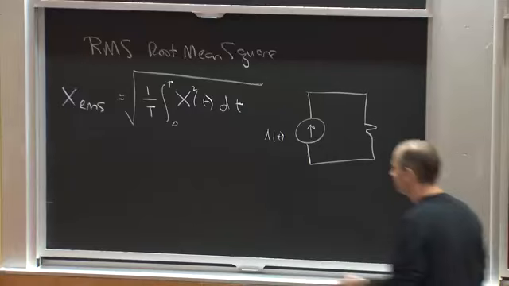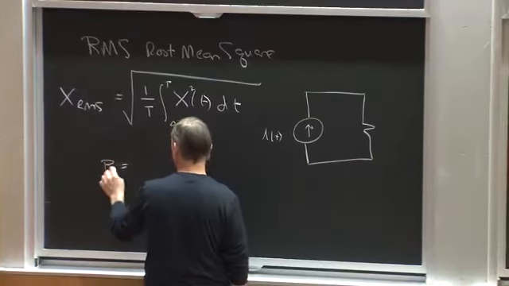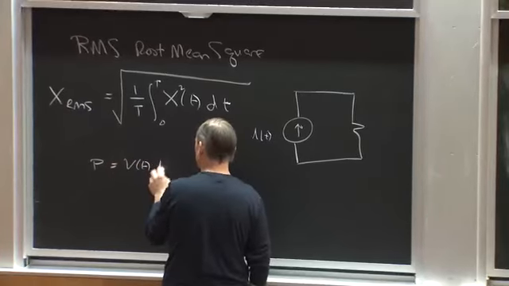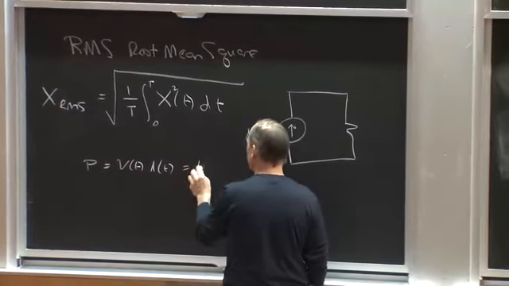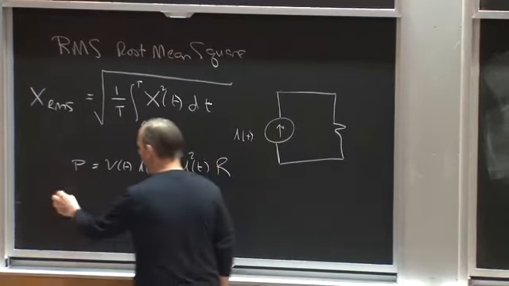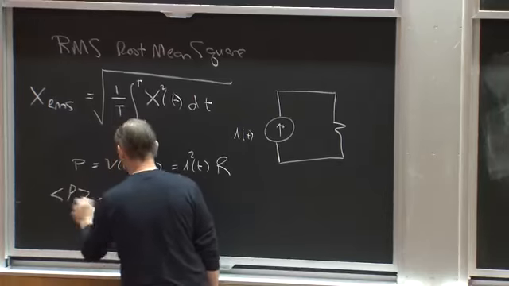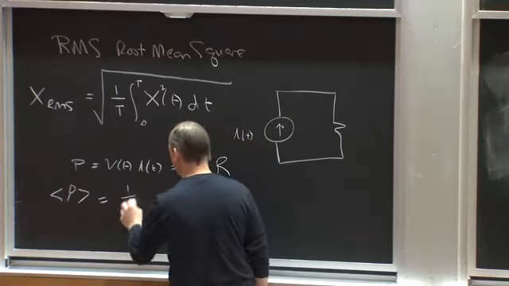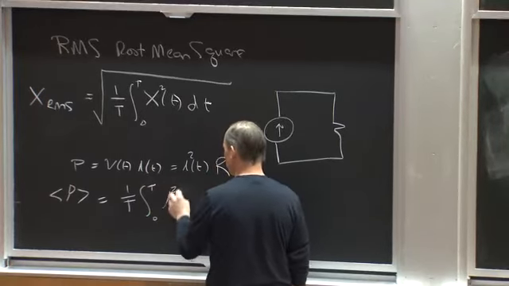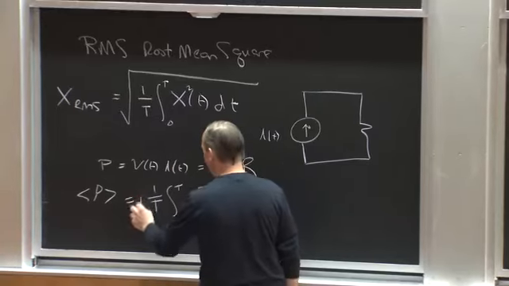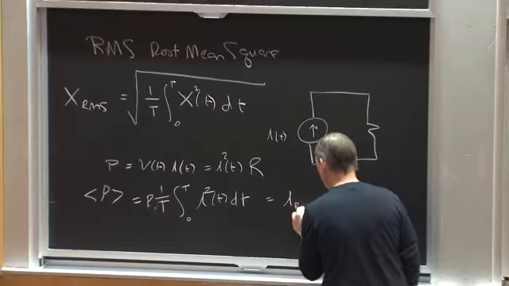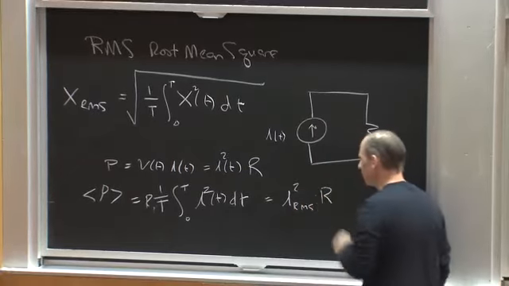Well, p of t is simply equal to v times i, which would be equal to i of t squared times R. And then if I wanted the average power, I would calculate that as 1 over T, the integral over T of i squared of t dt, times R. So I can take out the R, and this gives me I RMS squared times R.